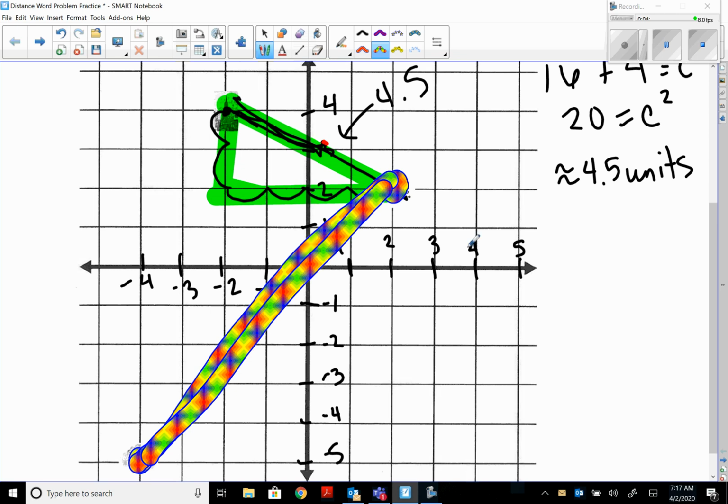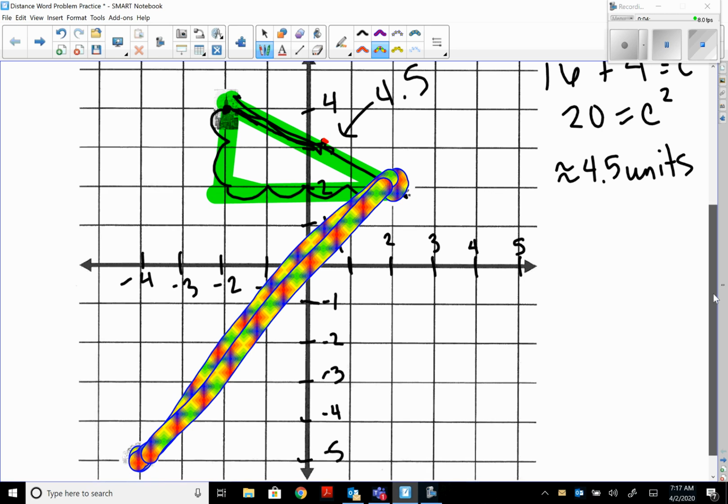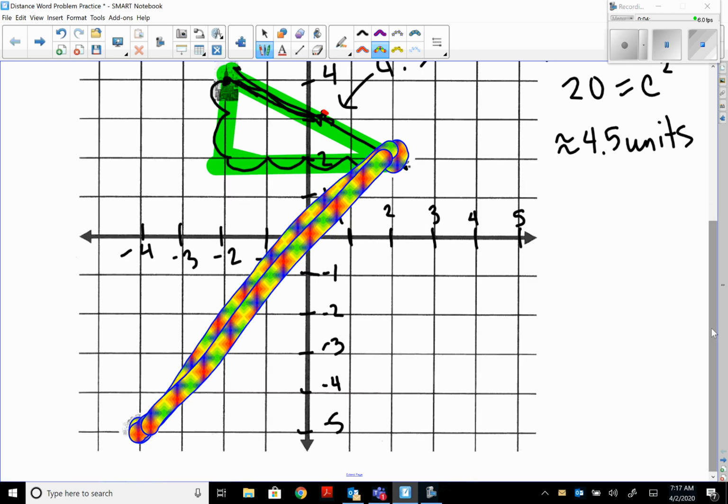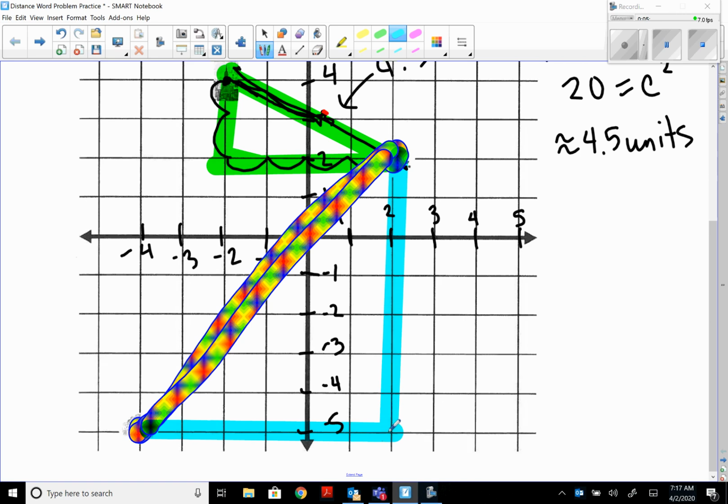So we've got to make a right triangle. I'm going to go ahead and draw the horizontal section of the right triangle. And now I'm going to draw the vertical section of the right triangle. And once again, we're going to use Pythagorean theorem to figure out the length here.